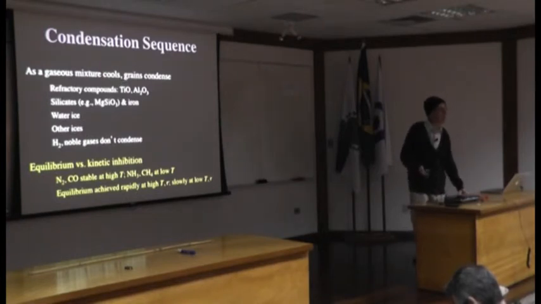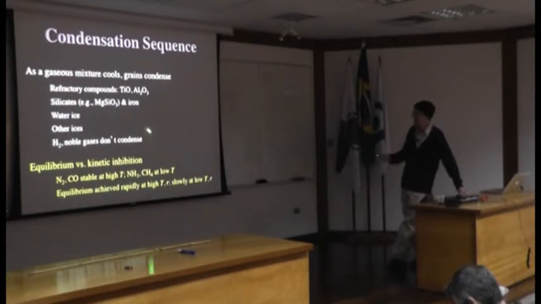Osmium is a high temperature condensate, but it's much rarer than these lighter elements. Then you get silicates and iron, with similar condensation temperatures. Which is higher actually depends on the pressure in the nebula. Then, much cooler, water ice.